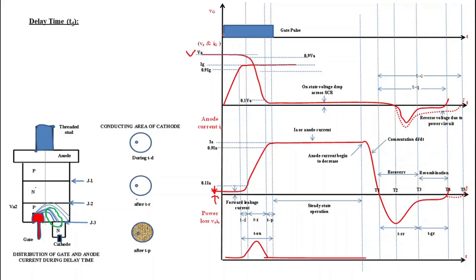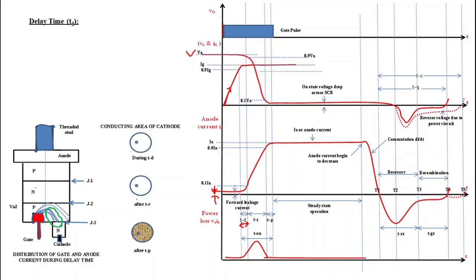Now gate current is applied at t equals 0. When gate current is applied, gate current starts increasing. See, this is time period TD. Now what happens during this TD?